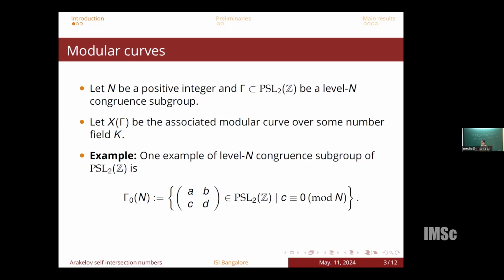So a congruence subgroup of level n is any subgroup Γ of PSL2(Z) which contains the principal congruence subgroup. Here I'll be talking about the modular curve associated to this particular congruence subgroup, which I denote by X0(n), and my number field is the set of rational numbers.